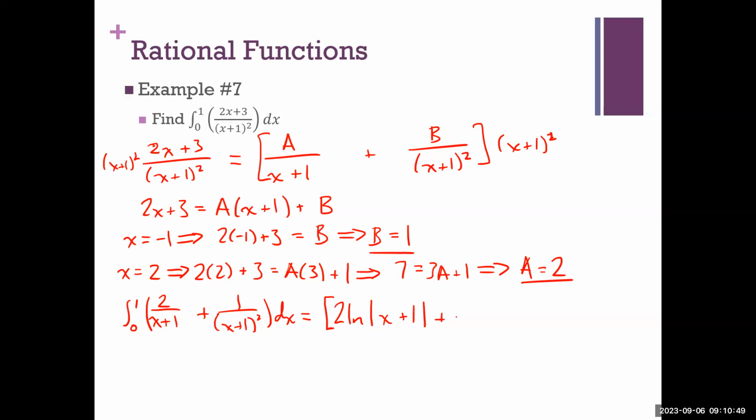Plus what? 1/3? Oh, we got to integrate both terms first. Not quite exactly 1 over x plus 1. You're very close. It should be minus 1 over x plus 1. Why is that?